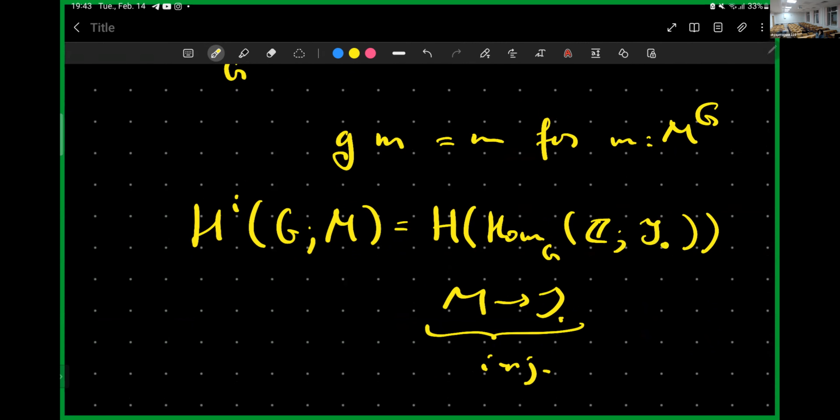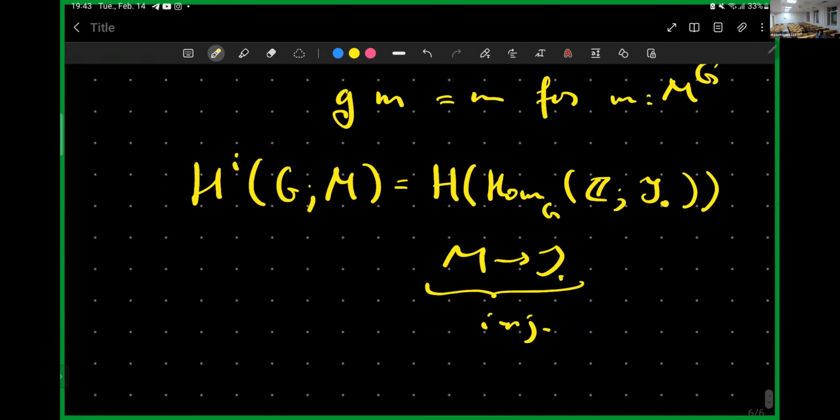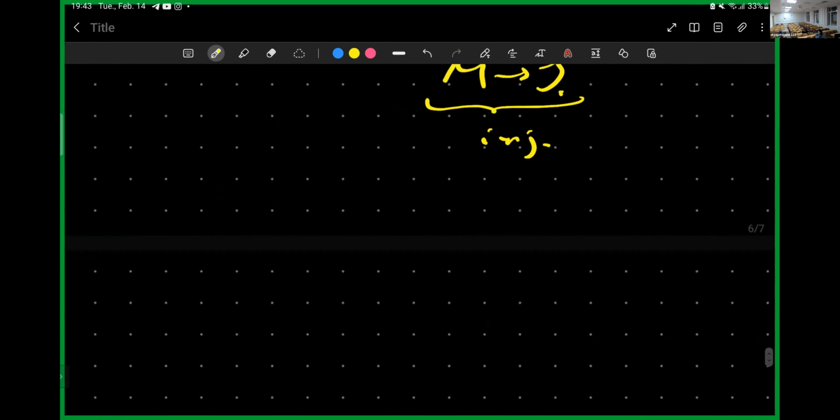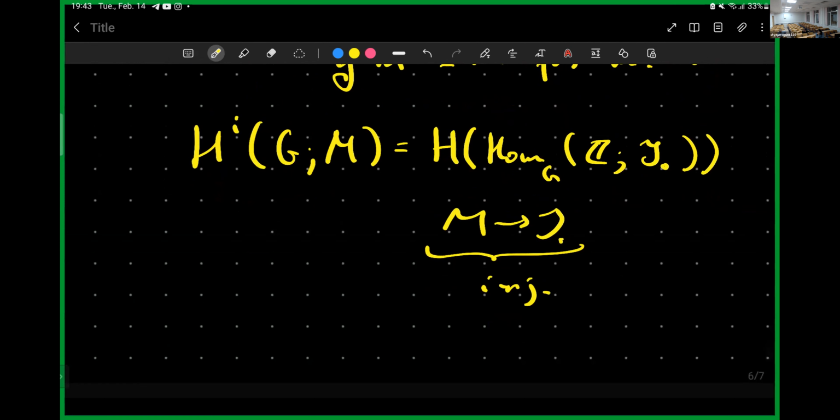Written in this way, on the right we have the functor of invariance applied to some complex, which is the injective resolution of M. The injective resolution of M is still a resolution by G modules.